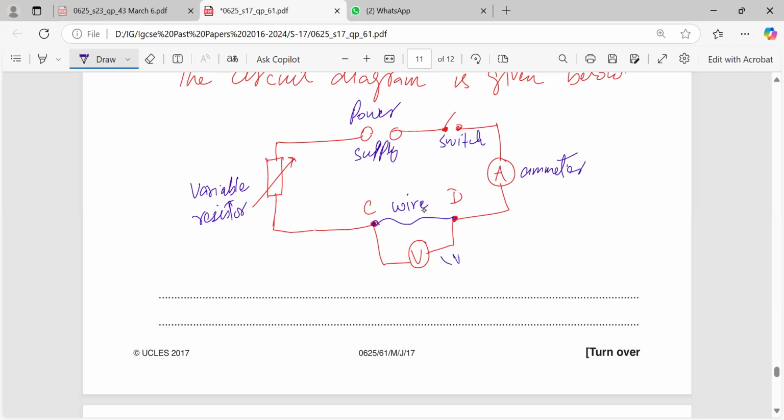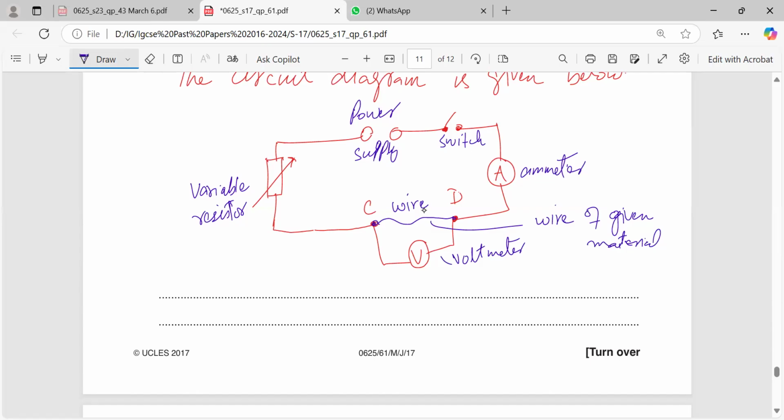Of course, this is a voltmeter, and this is the wire of given material. Now the circuit is well explained.